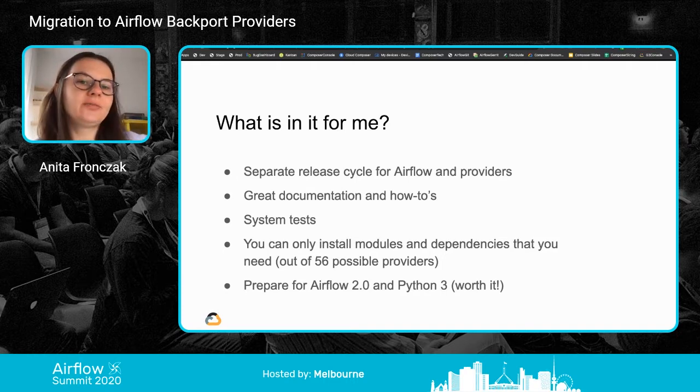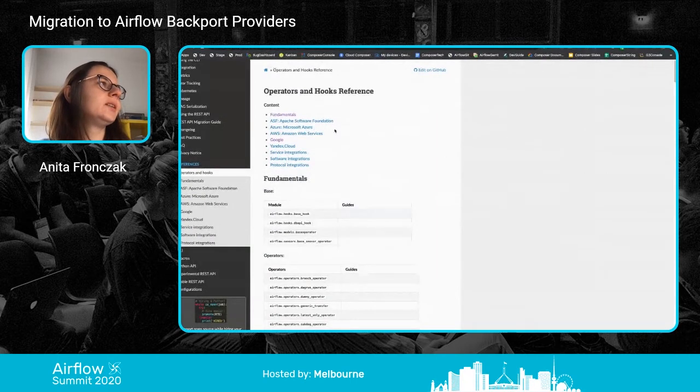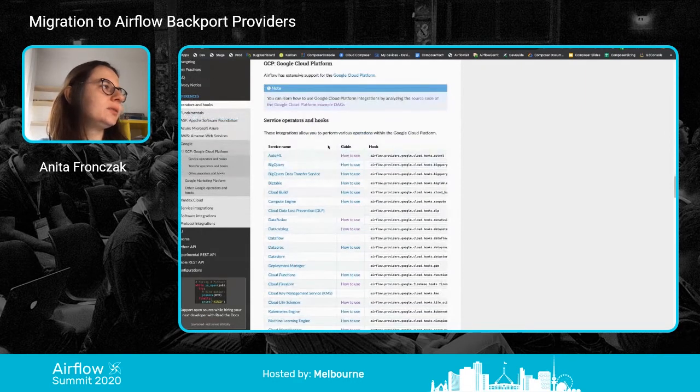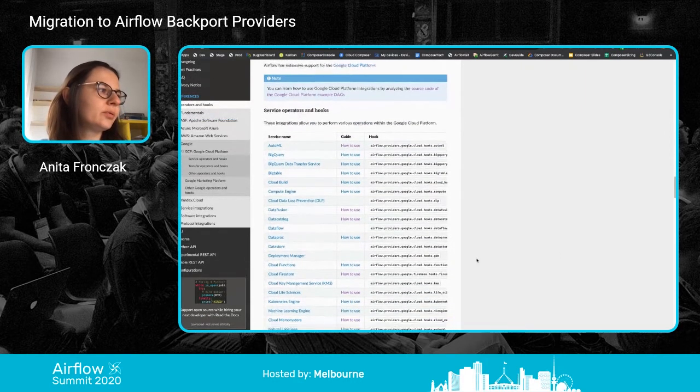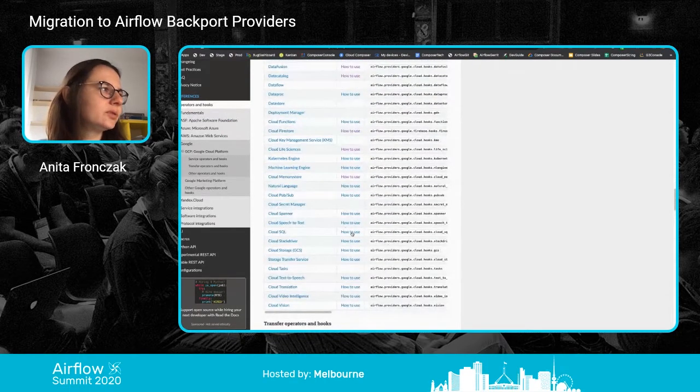So first of all, you have the operators and hooks reference, which has a general introduction to what operators and hooks are. And then you can go to specific operators. I'm going to focus on Google operators here, and Google Cloud Platform. As you can see, with every provider that gives you integration with a specific service, there's a how-to-use.